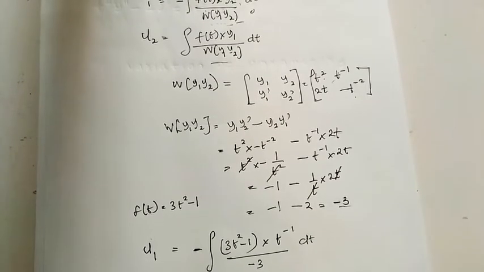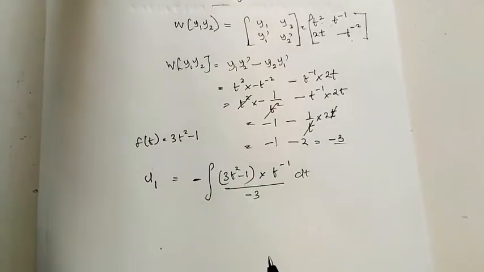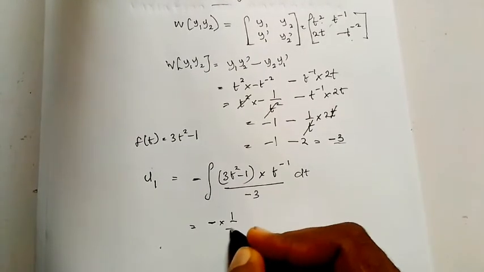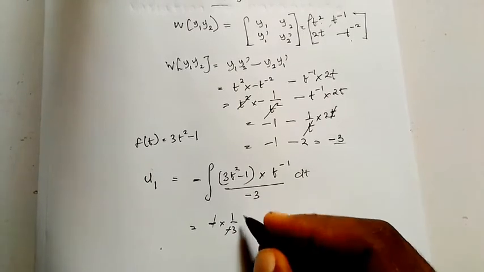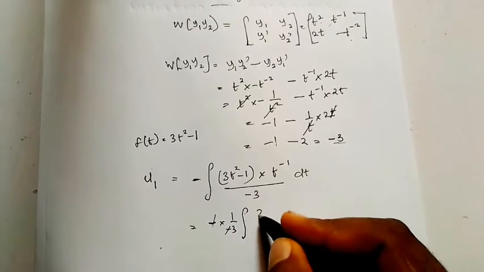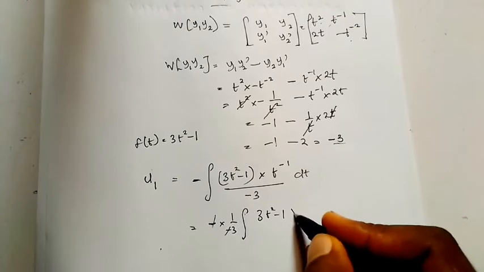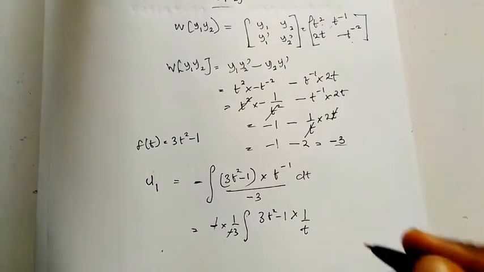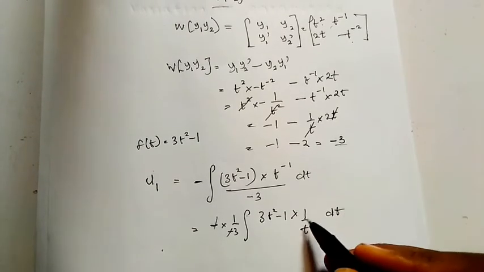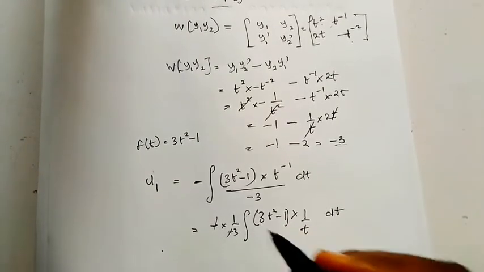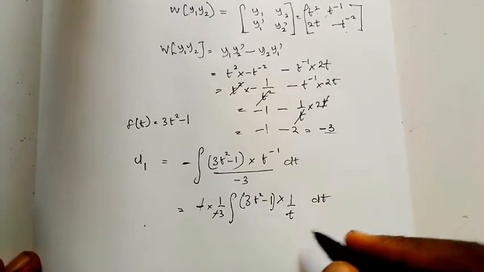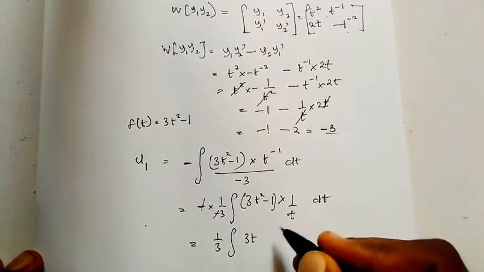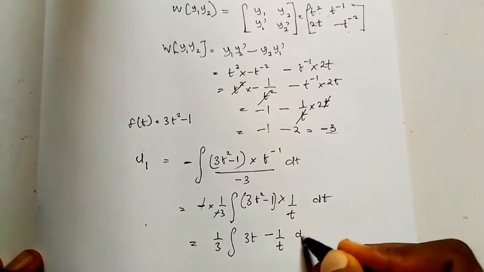So taking the constant to the front of the integral sign, we have minus times 1 over minus 3, which will eventually cancel out, integral of 3t squared minus 1 times 1 over t. That is changing this using law of indices. We have dt. So multiplying 1 over 3 all through, we have 1 over 3 the integral of 3t minus 1 over t dt.